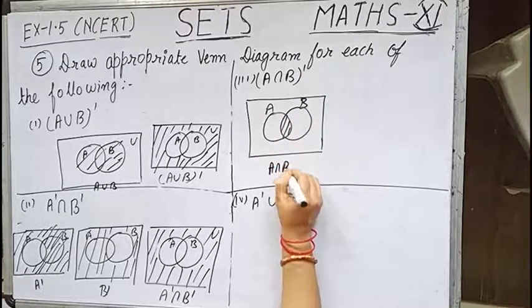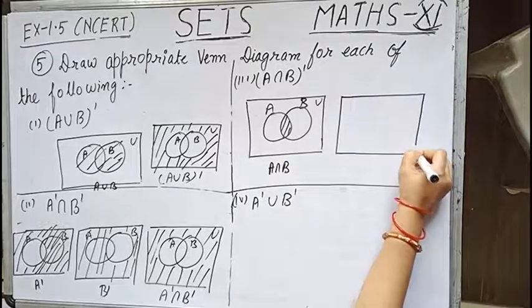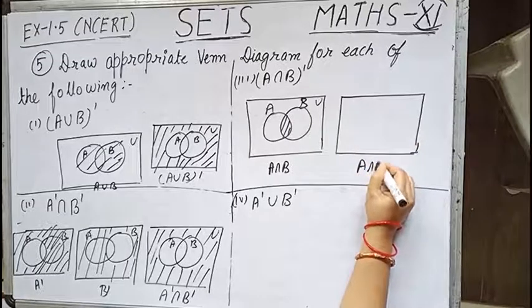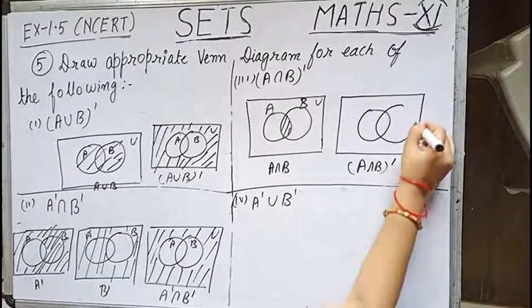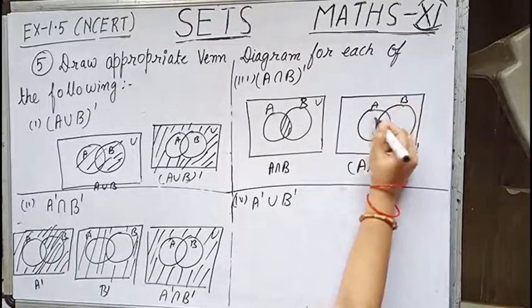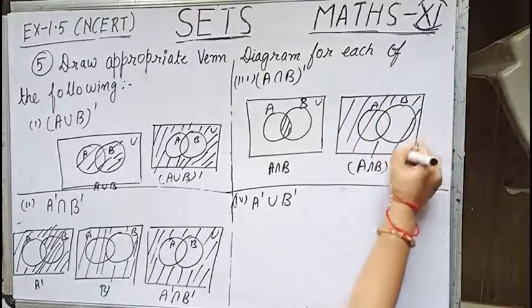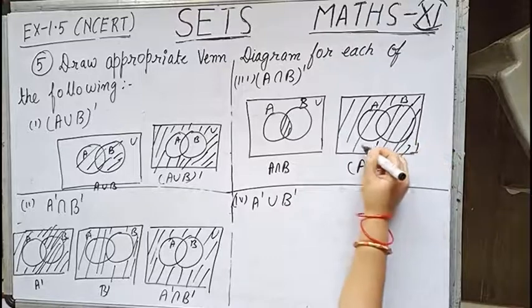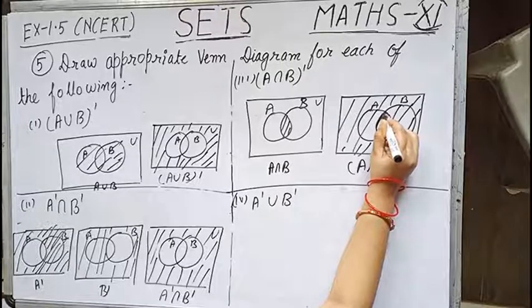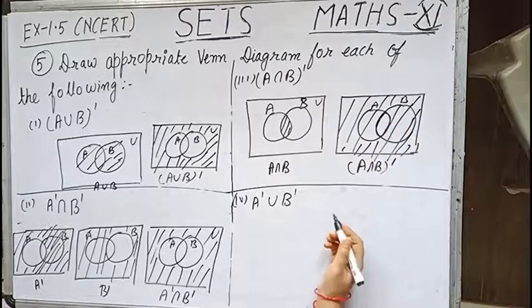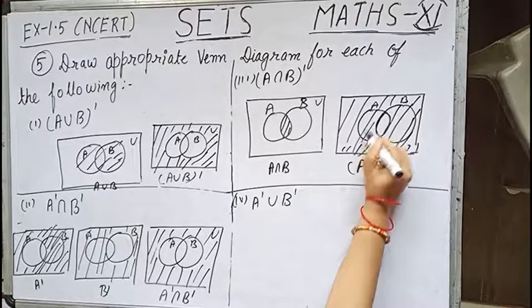Let us write A intersection B. (A intersection B)' will be all portions except this A intersection B portion. You shade it nicely with the help of a colored pencil and you'll get a nice figure. So (A intersection B)' is this portion only. The rest of all portions are shaded.